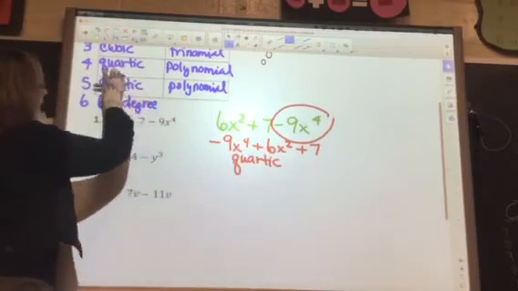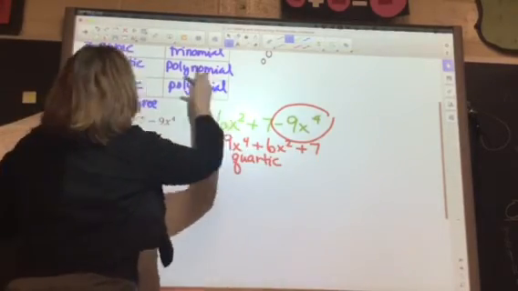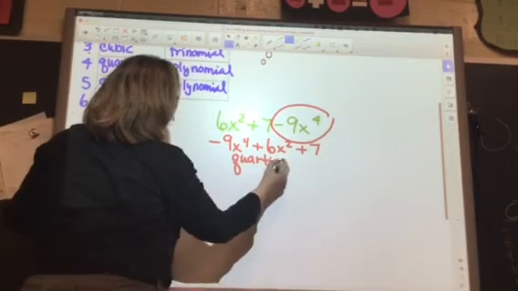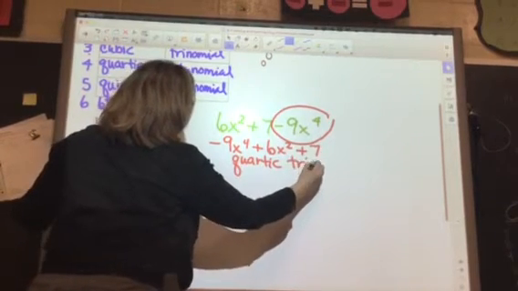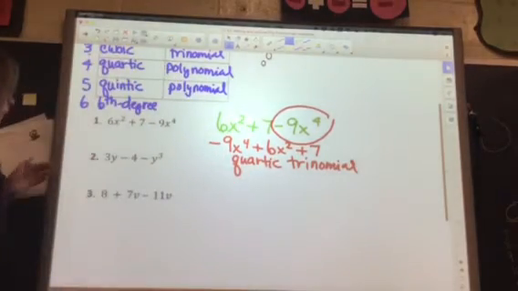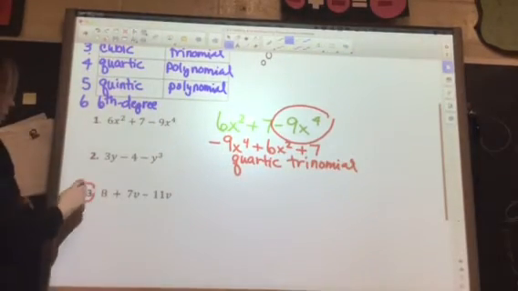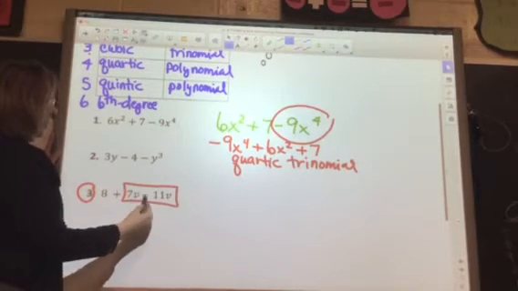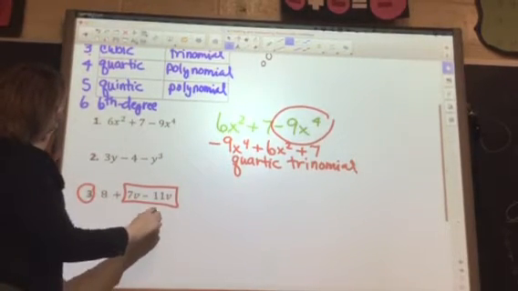How many terms does it have? It also has 1, 2, 3 terms. 3 number of terms is a trinomial. So this is a quartic trinomial. Let's jump down to this one. Number of terms. Well, first of all, I have to combine like terms. 7 minus 11 is negative 4.